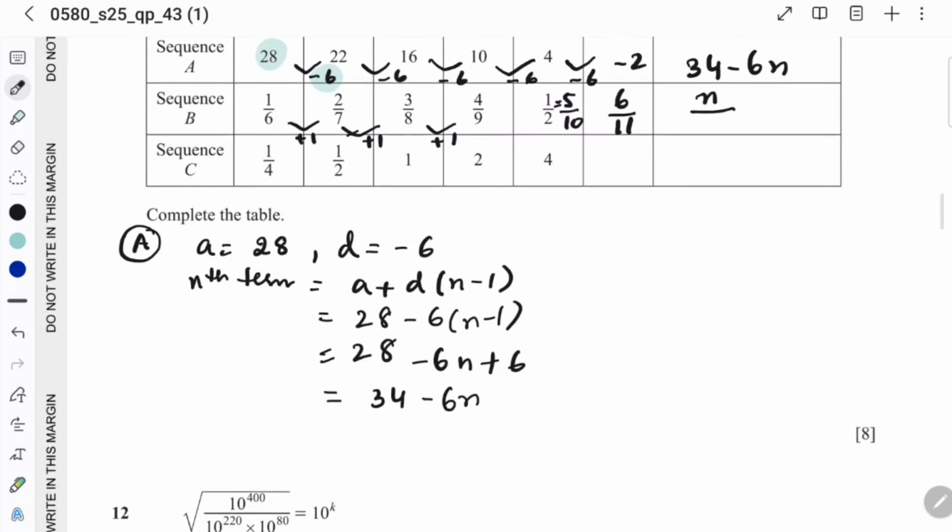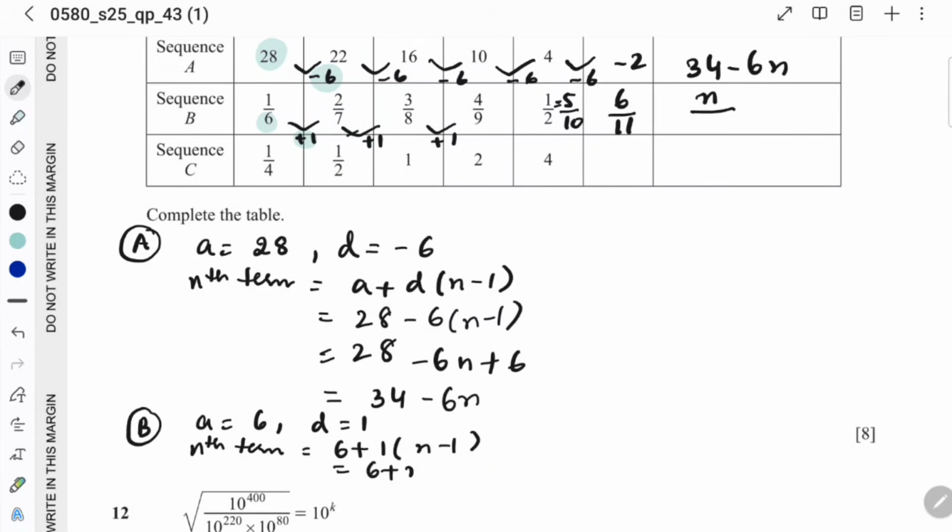So in part B, I'm just finding out what the sequence for the denominator is. So a is 6 and the difference is plus 1. Okay, a plus (n minus 1) d. 6 plus (n minus 1) times 1.